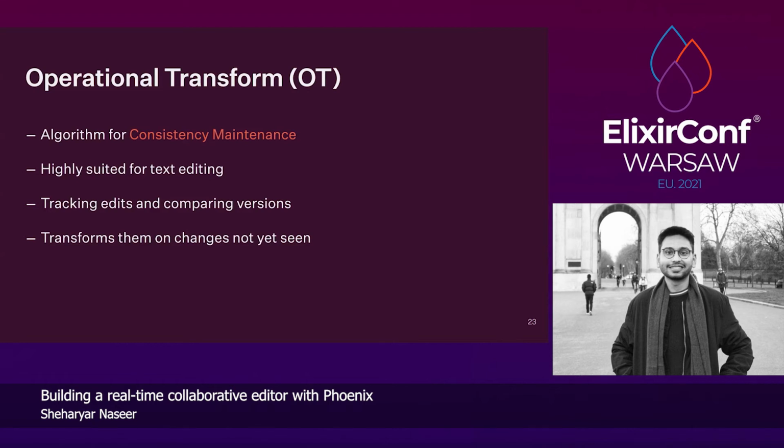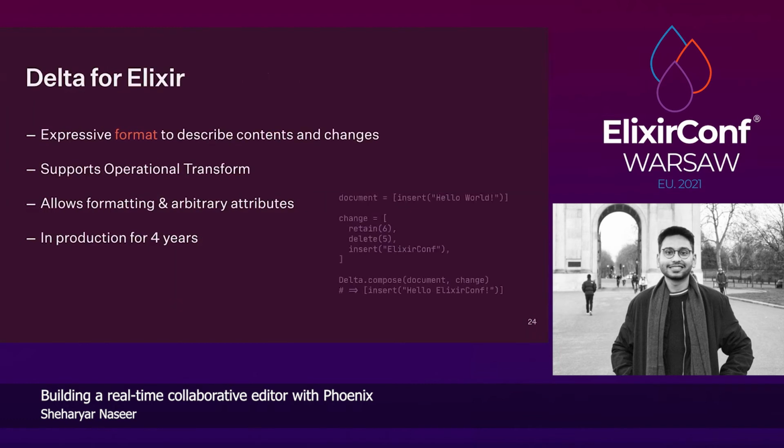At the time we were first building Slab, a good implementation of OT did not exist for Elixir. Since the Slab team already had prior experience working with OT as part of building Quill and the Delta libraries for JavaScript, we ended up writing one for Elixir as well. We recently open sourced Delta for Elixir, which is a format that can track a document's contents and how it changes over time. It does so concisely and without ambiguity by using only three constructs: insert, retain, and delete.